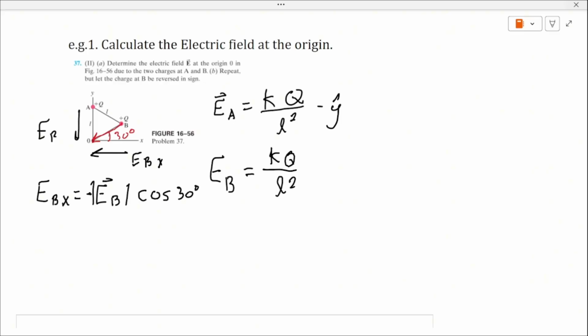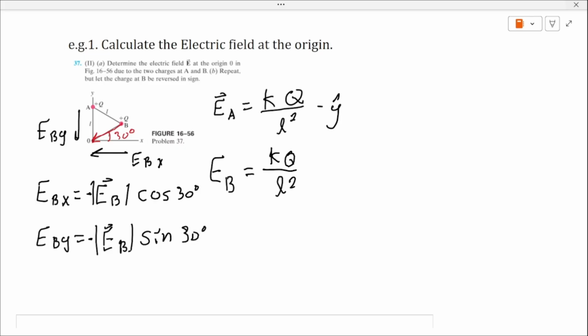And EBY is the magnitude of the vector times sine of 30 degrees, and put a minus sign since it's in the negative y direction. So in order to get the vector sum of these two, we add the y components and the x components separately.